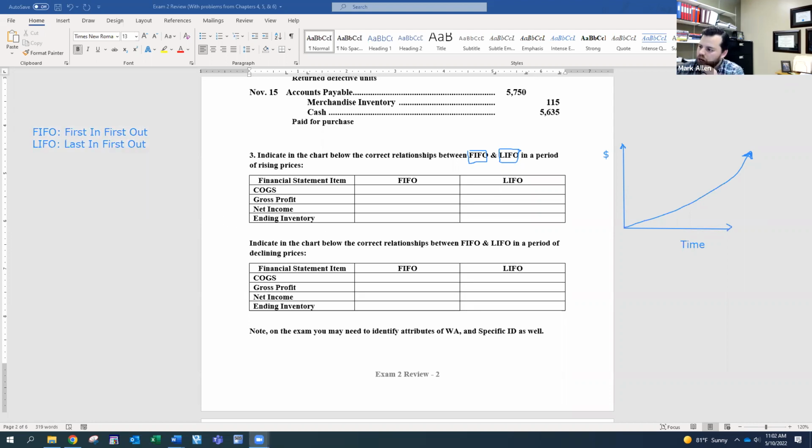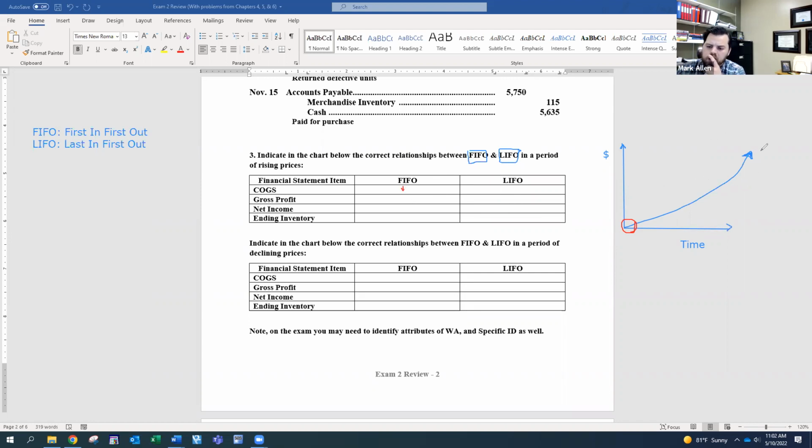If we're looking at time as our graph here, if I'm operating under FIFO, then if I'm selling the first ones, these are the units I'm selling. These units down here. And what do you notice about the cost associated with the earliest units? It's low.